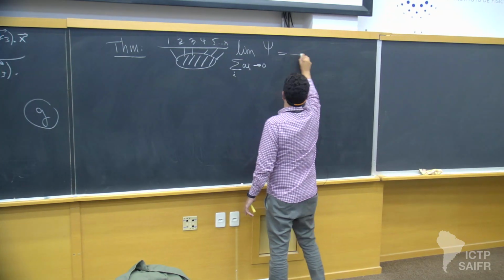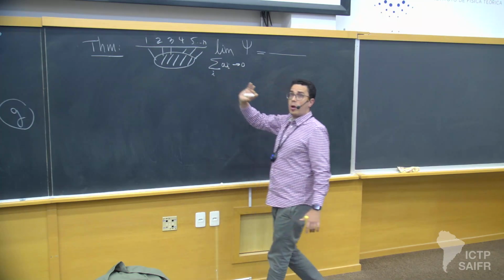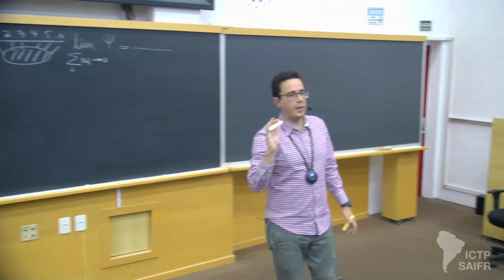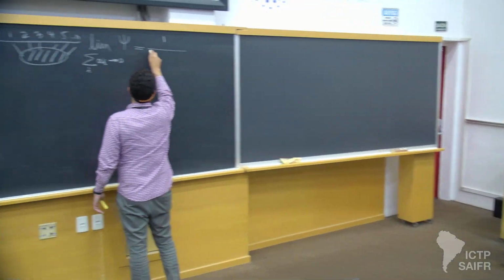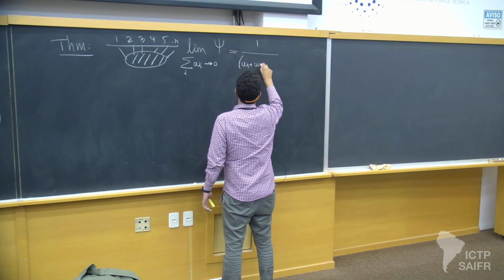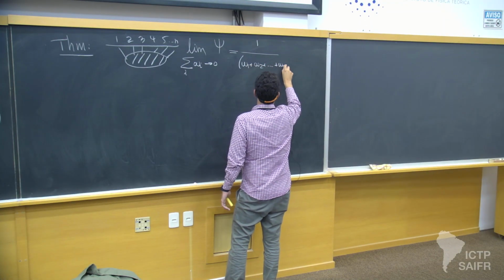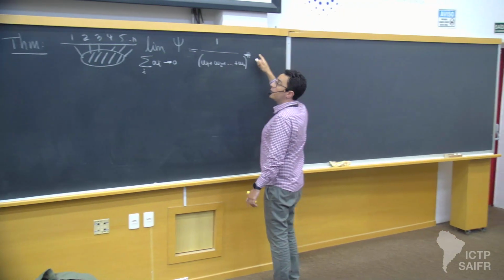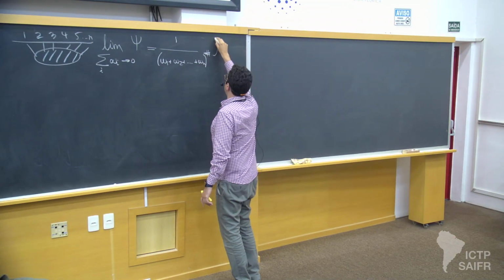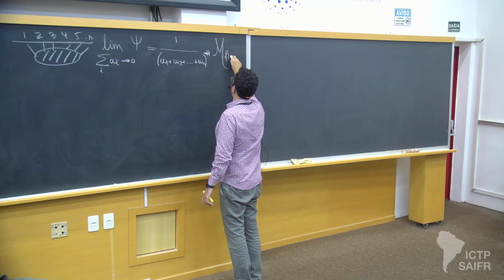In flat space, it always blows up like a pole. In cosmology, the singularity might be of a different nature. It can be a cut. It can be higher order. So I'm just going to write it like this. But the coefficient of the leading singularity is the flat space scattering amplitude.